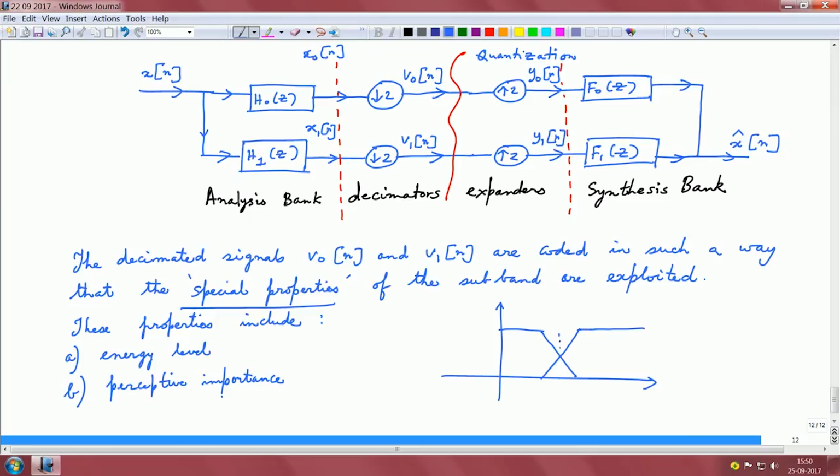So, this is the crossover frequency, which is pi by 2, and they are basically mirrors of one another. So, if H naught is a very good low pass filter, the mirror of this is H 1, which is a very good high pass filter, and they are quadrature mirror filters because their crossover point is at pi by 2.